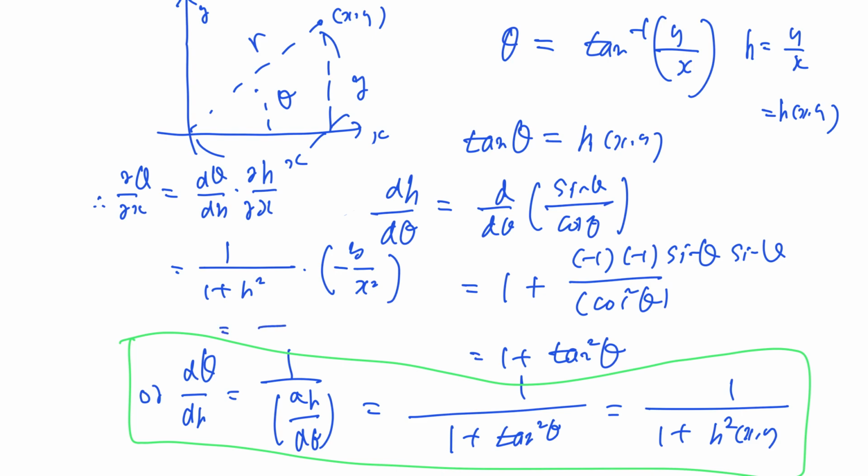This is 1 over 1 plus y over x square times minus y over x square.